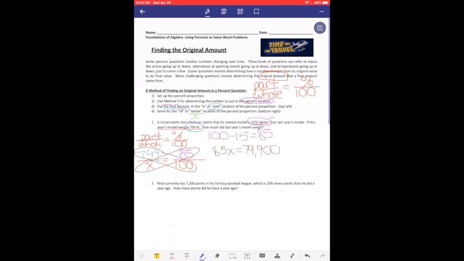To solve for x, I would divide by 85 on both sides. It cancels on the left. When I divide 79,900 by 85, I will get 940. In this case, we're talking about pounds, so my unit at the end is pounds.